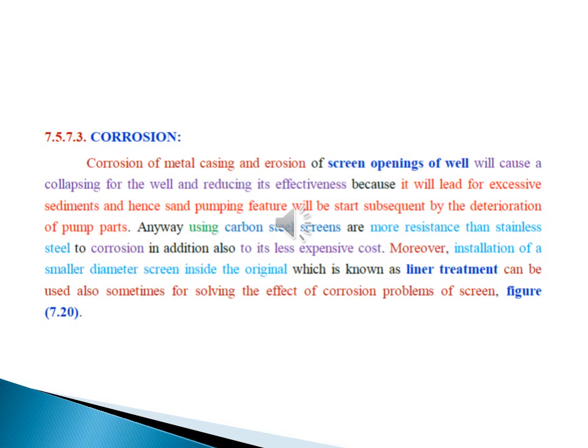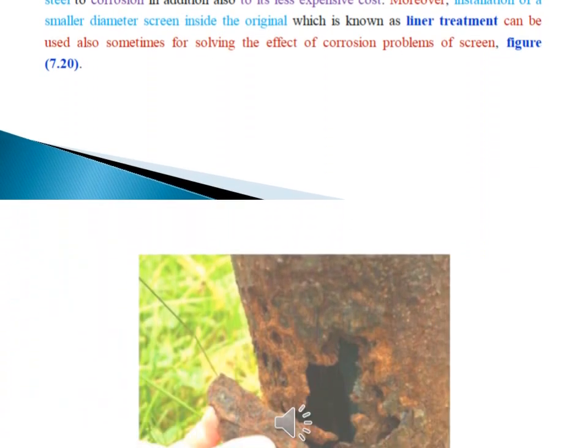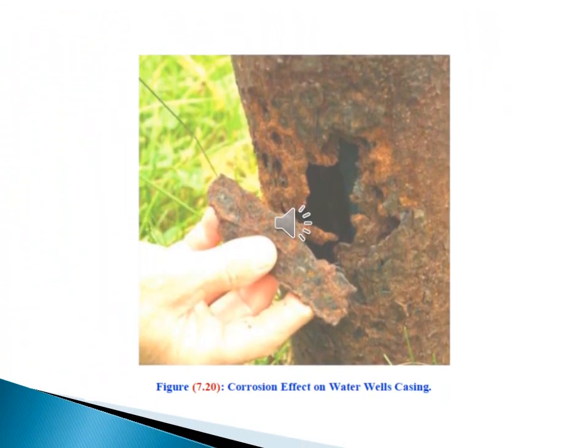Moreover, installation of a smaller diameter screen inside the original, known as liner treatment, can also be used for solving the effect of corrosion problems as you see. Figure showing the corrosion effect on water well casing. Look my dear to the dangerous effect of this action.